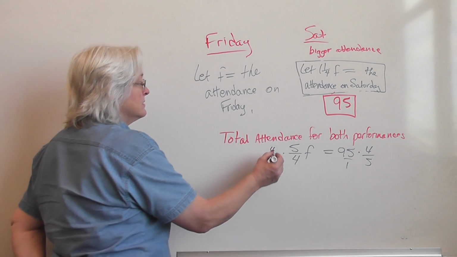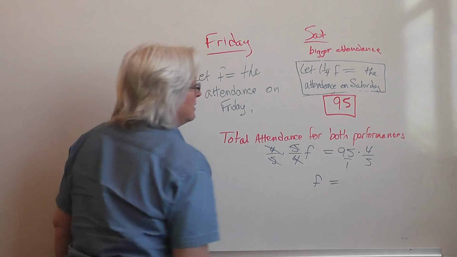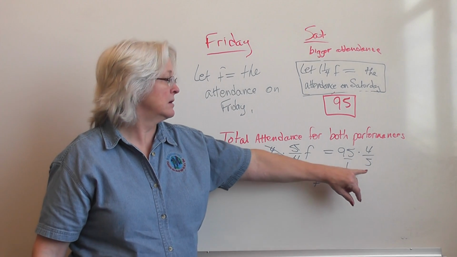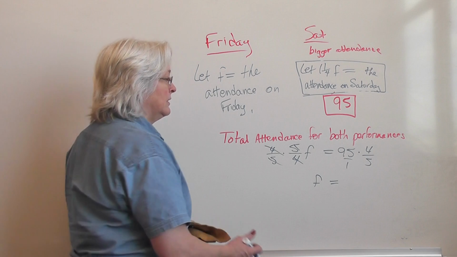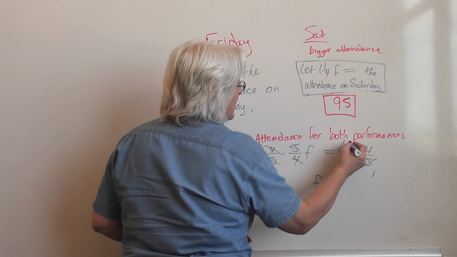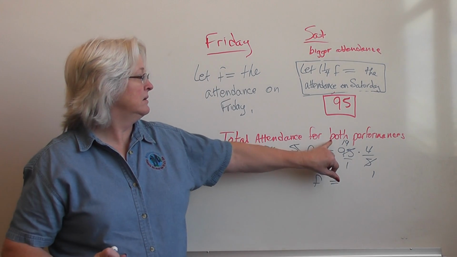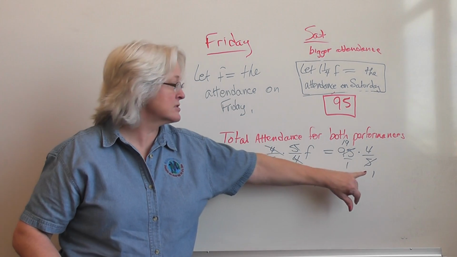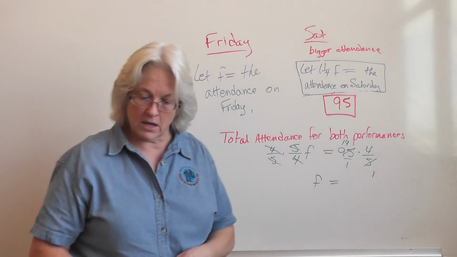Our 4's cancel, and our 5's cancel, and we have F is equal to 95 times 4/5. We can cancel a common factor of 5 and see that 19 times 5 is 95. So when we cancel out a common factor of 5, we're left with 19 times 4.